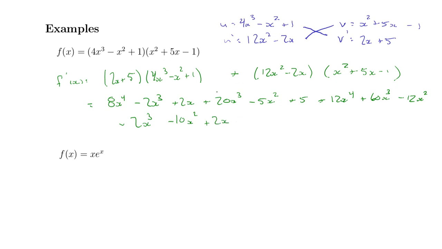And now we just have to put all this stuff together. So I've got 8x to the 4, and I've got 12x to the 4, so that's 20x to the 4. Let's see my x cubes. I've got a negative 2 plus 20, so I'm up to 18. Plus 60, so that's 78, minus 2, so that's 76.